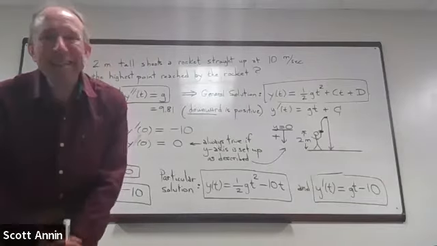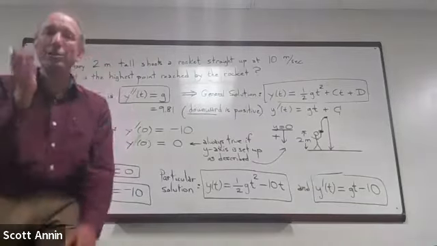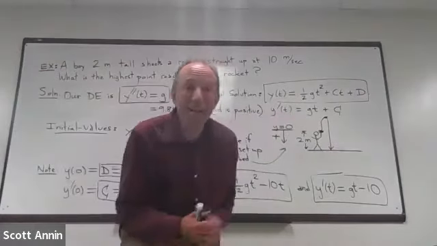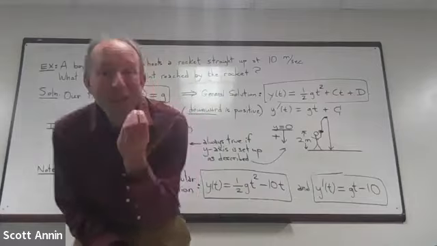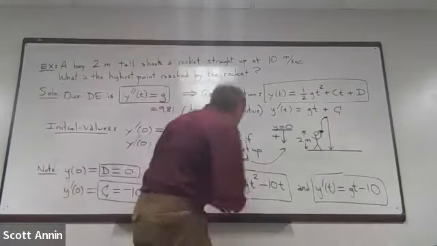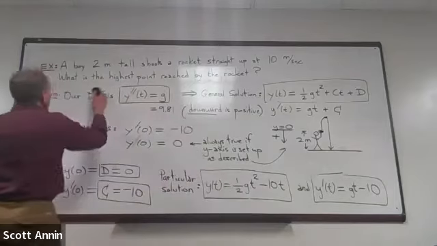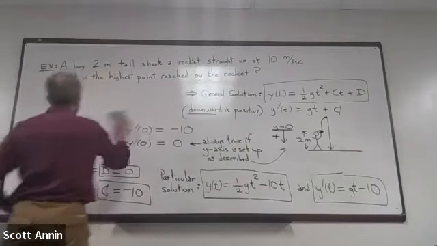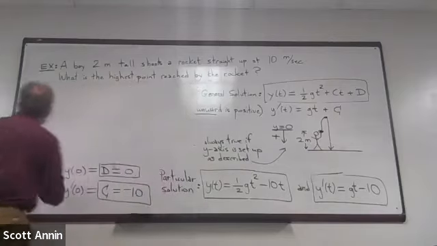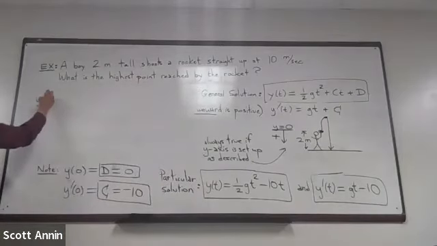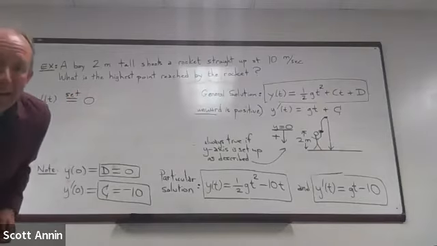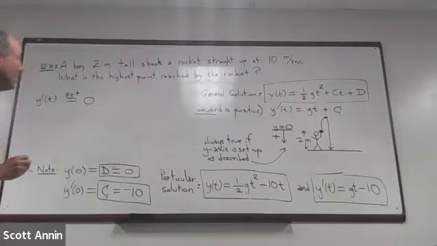If you think about it, the velocity of that object right at the apex of that trajectory, the vertex of that parabola, right? That velocity will be 0. And if I set this velocity equal to 0, I can figure out what time it was.